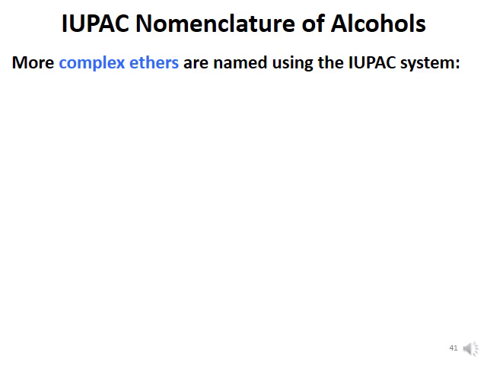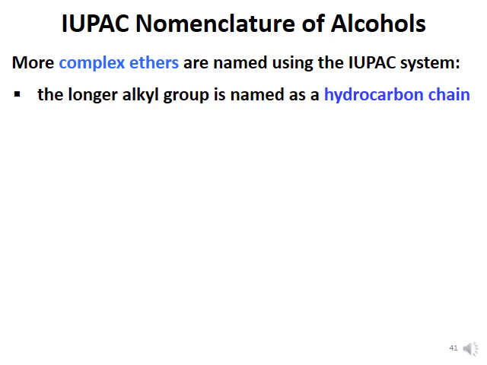Now we're going to have some more complex ones, which means you have to have some sort of IUPAC organized way of naming them. So this is how we work it. We find the longer alkyl group, name it as a hydrocarbon chain: octyl, hexyl, pentyl, something like that.